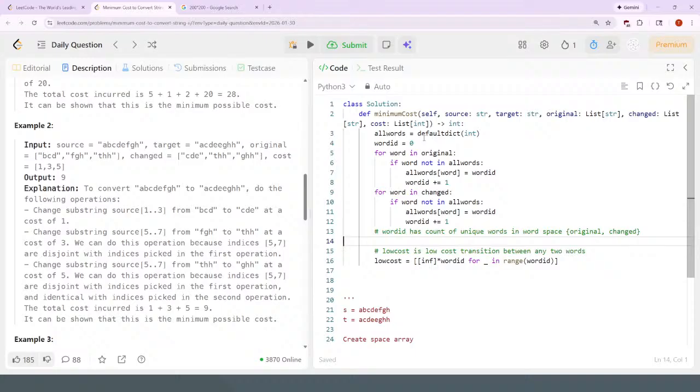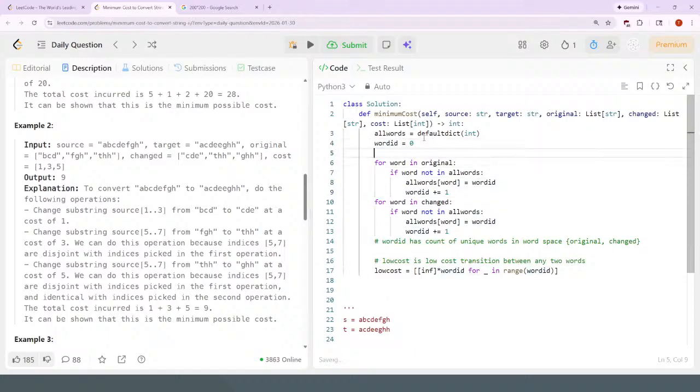I need to have, I think I need to actually have an array for the words itself so that I can map back. I can do the reverse mapping from ID to word itself. I'll do the unique words as an array.